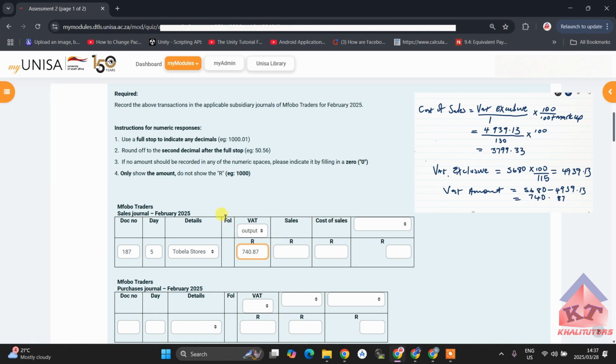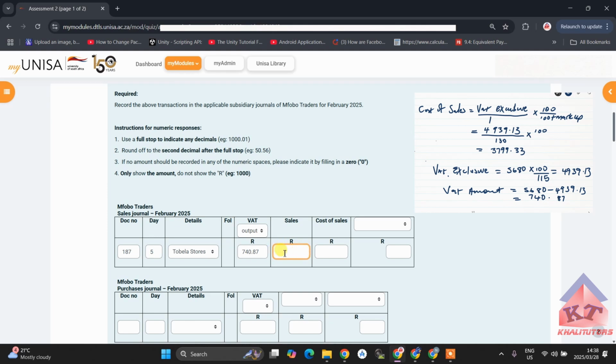Okay, if you don't know how to calculate the VAT, but you know how to calculate the VAT exclusive amount, to get the VAT, simply take the VAT inclusive amount, then subtract the VAT exclusive amount. Okay, in this case, this means you could have subtracted 4939.13 from 5680. Okay, so in terms of your sales, you must write the VAT exclusive amount here.